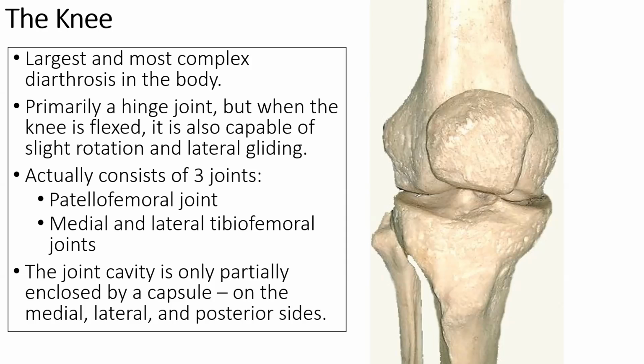And then there's a third joint where the patella and the femur come together, like in the model here. So we have three different joints, and it has a synovial capsule on the sides and on the back, but not in the front.